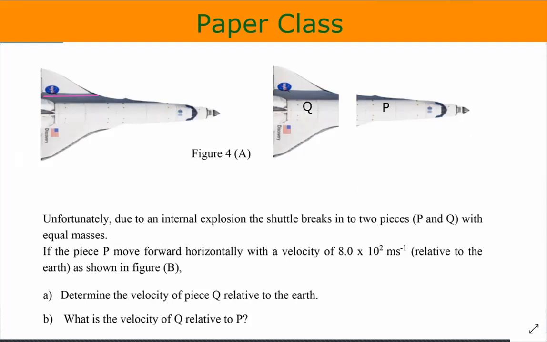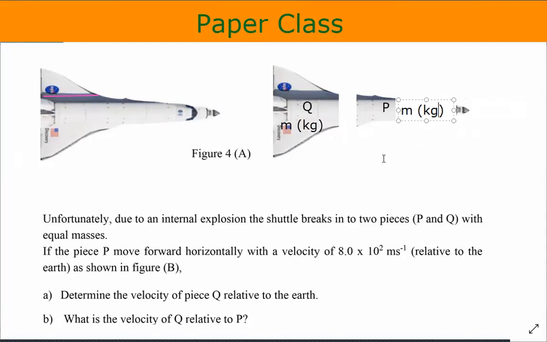Now, listen to me carefully. If the mass of the piece Q is M kilogram, what is the mass of the other piece? Somebody unmute the mic and tell me. That should also be M kilogram, because the question tells that the rocket is broken into 2 equal pieces.